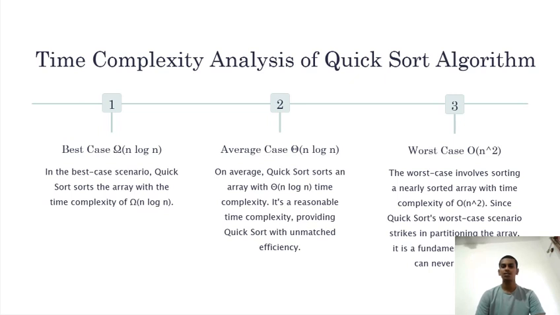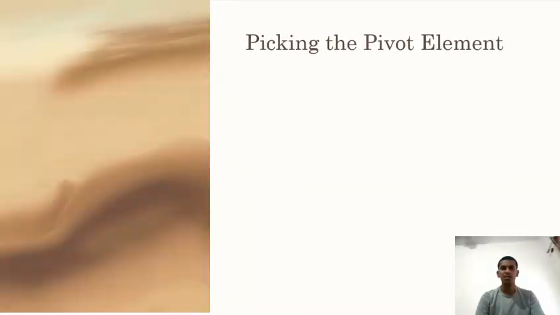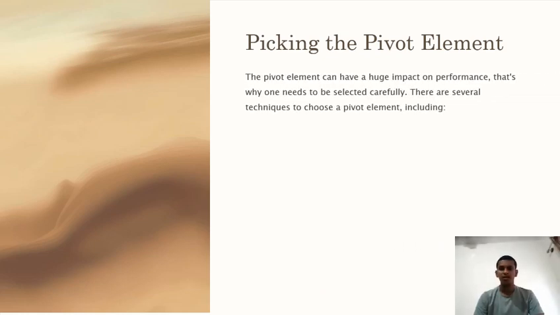Now let's see how to pick the pivot element. The pivot element can have a huge impact on performance. That's why one needs to be selected carefully. There are several techniques to choose a pivot element, including: 1. First or last element.